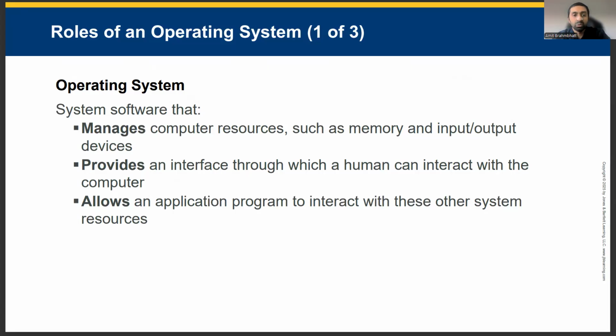And third, the OS serves as a bridge between applications and hardware, allowing programs to run without needing to know the details of every device. These roles collectively ensure that the system stays organized, secure, and efficient, enabling multiple programs to run smoothly at the same time.